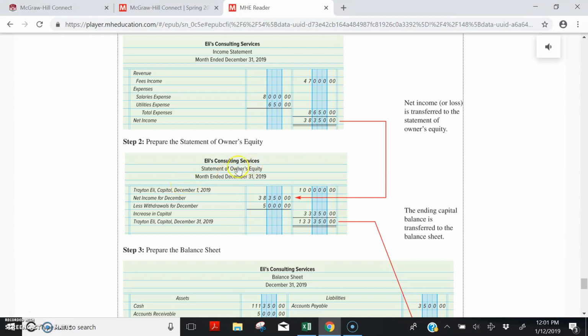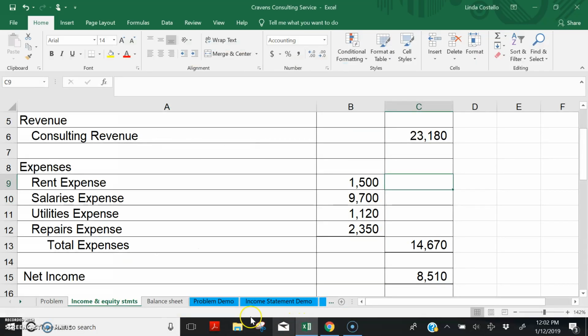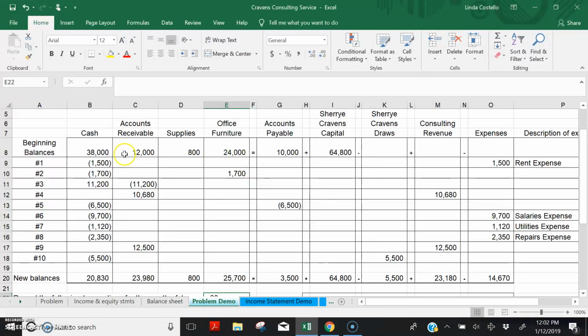Next, we need to complete the statement of owner's equity. Our owner's equity statement should have a 3-line header. We will start out with Sherry Craven's capital, January 1st, 20XX. And remember that her capital balance at the beginning of the month was $64,800.